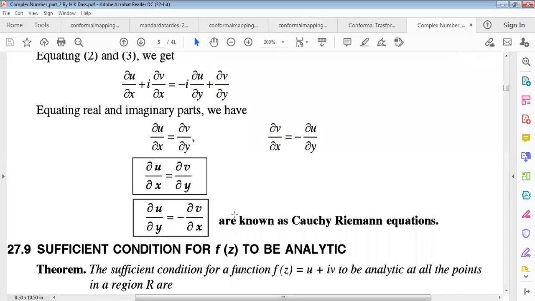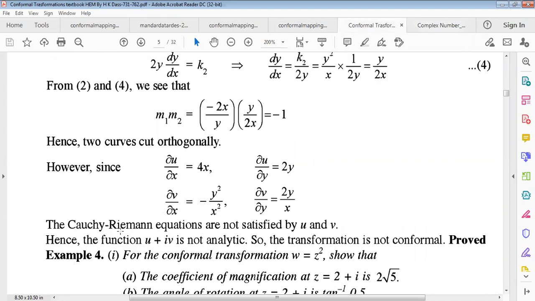Write down everybody. The partial differentiation of u with respect to x equals the partial differentiation of v with respect to y, and the partial differentiation of u with respect to y equals minus the partial differentiation of v with respect to x. These two conditions altogether are known as the Cauchy-Riemann equations.